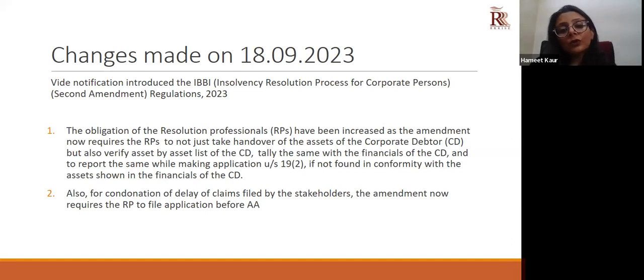Also, for condonation of delay of claims filed by the stakeholders, the amendment now requires the RP to file application before the AA. So these two have a bearing on the preparation of IM and on the information to be given to the RA from time to time. Can anyone just elaborate on how these changes have a bearing on the resolution applicant and his decision making?